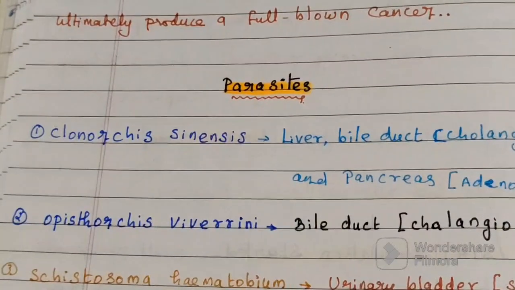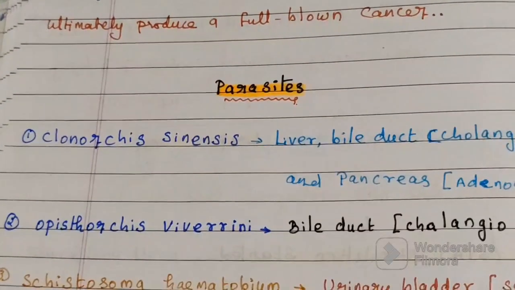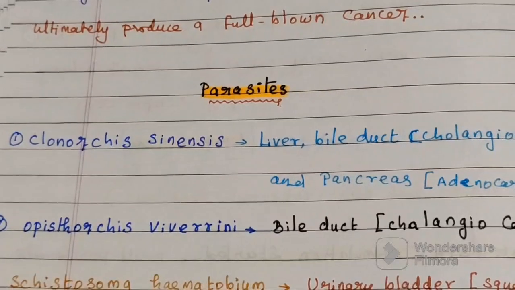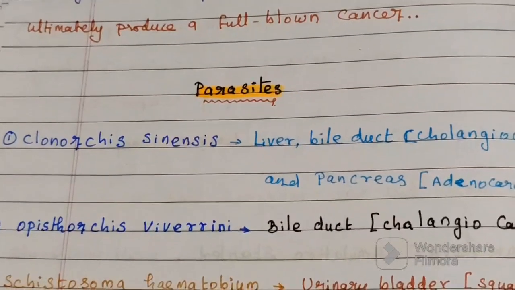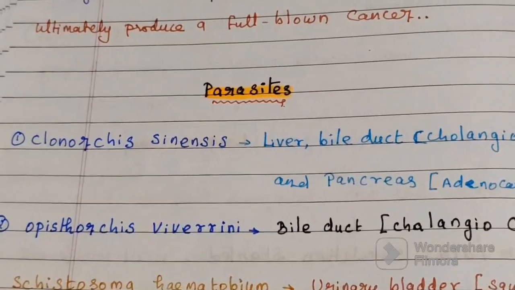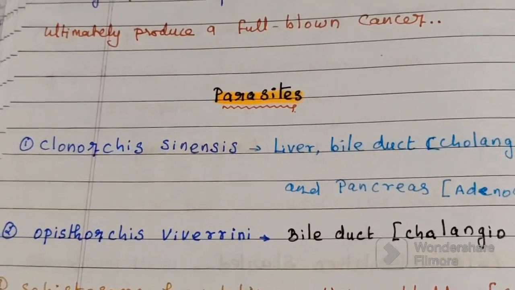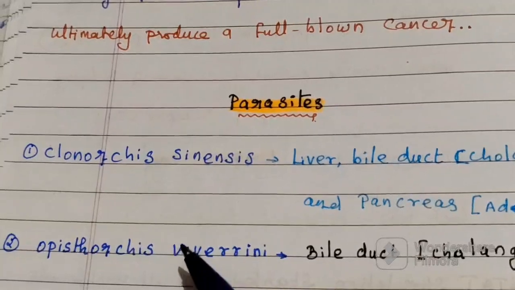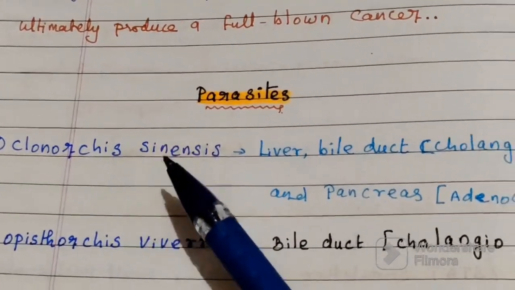Next, parasites and their examples. There are 4 parasites which are carcinogenic in humans. First one is Clonorchis sinensis.